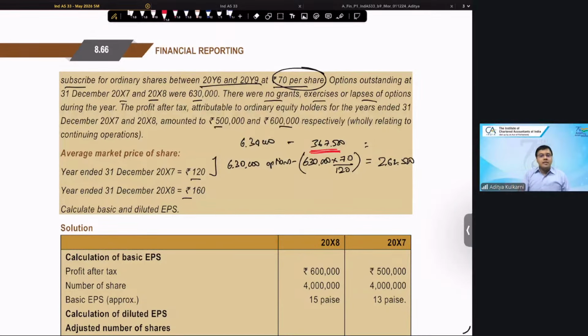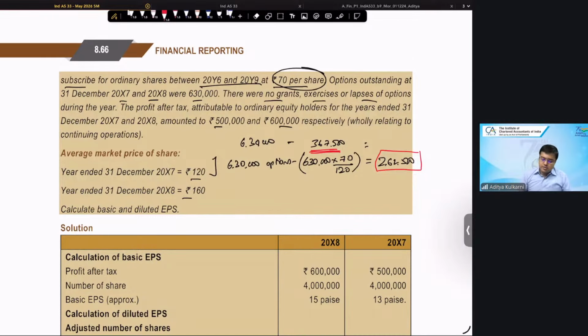But I know one thing for sure: if he gives this, the rest will go as free shares from my side. So therefore, I will take 2,62,500 as my potential equity shares to be put in the calculation. Are you able to follow? Yes, sir.